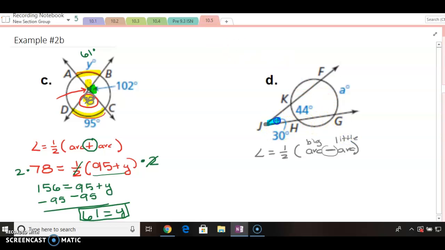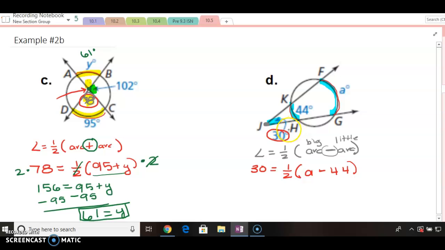So here's the angle, and the two intercepted arcs are here and here. Okay, so if I plug stuff in, the angle, which I know the angle, it's 30 degrees, is going to equal 1/2. The big arc is A minus the little arc is 44. Okay, so that's how we would set it up.